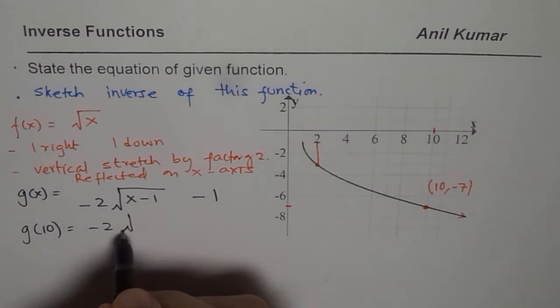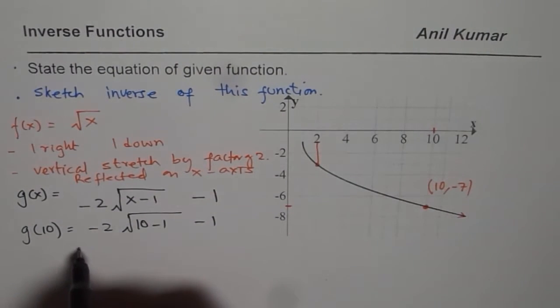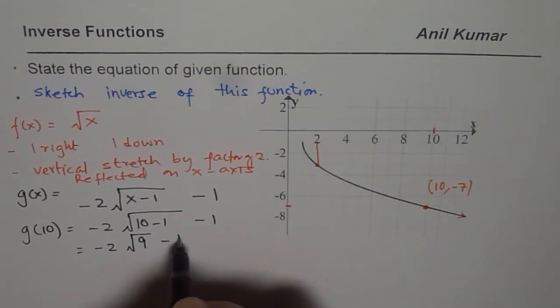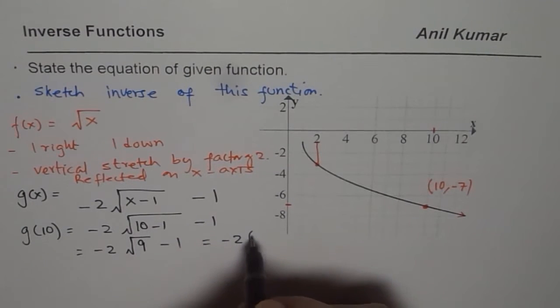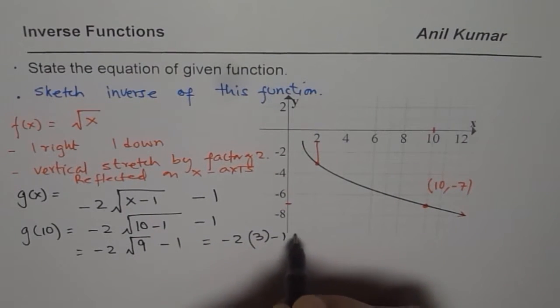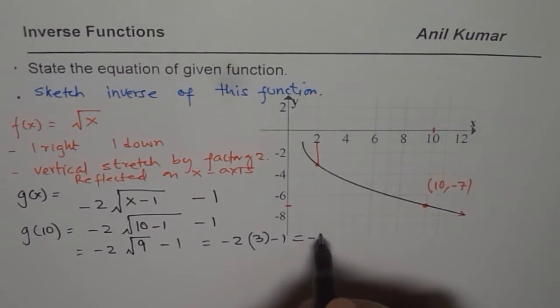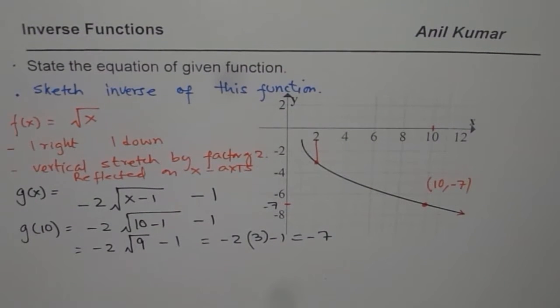Minus 2 within square root, we have 10 minus 1 minus 1. And that gives us minus 2 within square root 9 minus 1. And this is equal to minus 2 within square root, we have now 3 minus 1. So minus 6 and minus 1 is indeed minus 7. So it works for us. So this equation indeed is just the right equation for the particular graph.